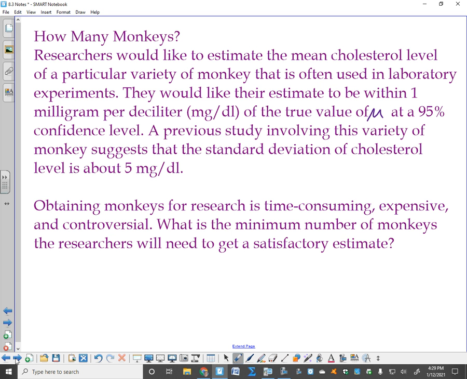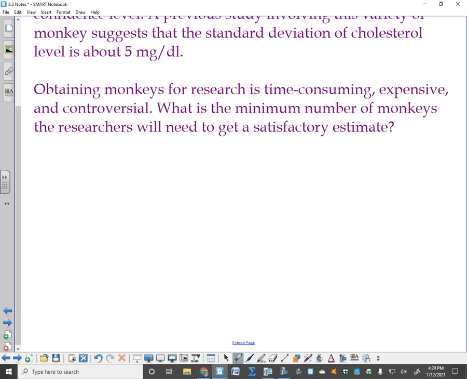There are lots of issues with testing on animals, so we want to use the smallest number of monkeys possible. Obtaining monkeys for research is time-consuming, expensive, and controversial. So what is the minimum number of monkeys the researchers will need to get a satisfactory estimate to be able to claim that we are 95% confident?